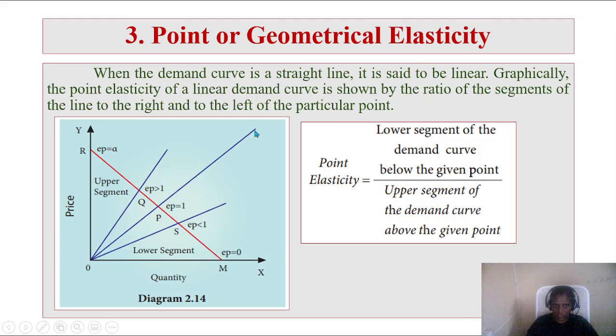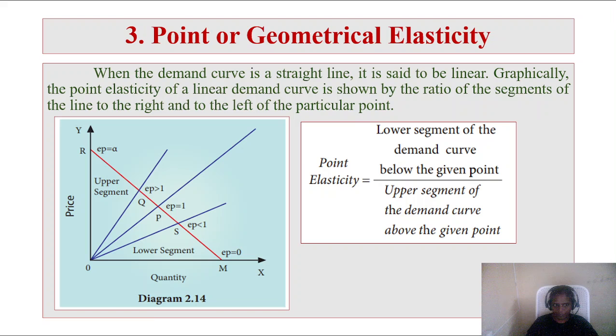You see this is the central point line, and here the price elasticity will be equal to 1 because it lies at the central point of the two axes. Now in case of EP greater than 1, this is another point where we are getting the price elasticity of demand.